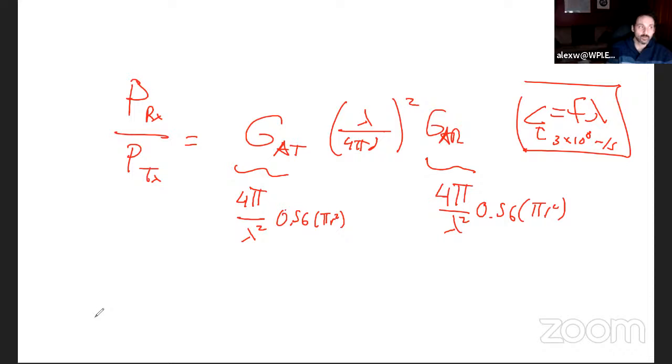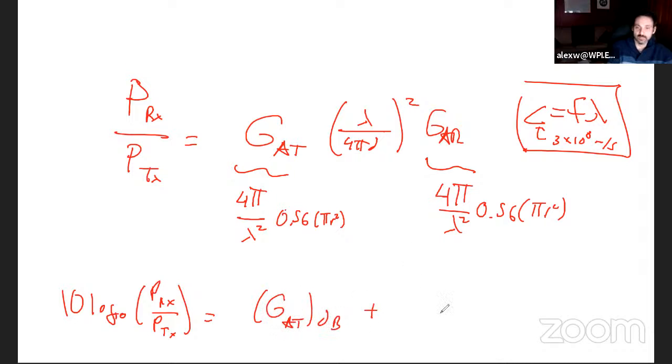Lo and behold, what this is going to be equal to in terms of dB is 10 log 10 of this ratio, which is equal to this term in dB plus this term squared in dB.